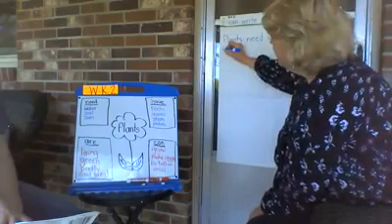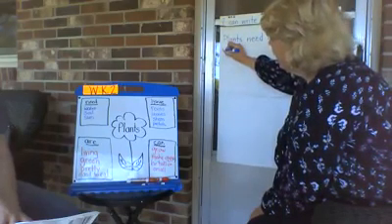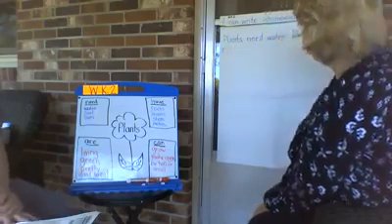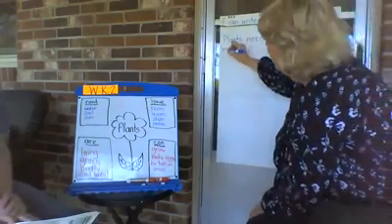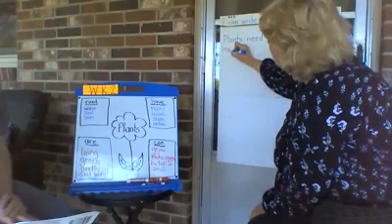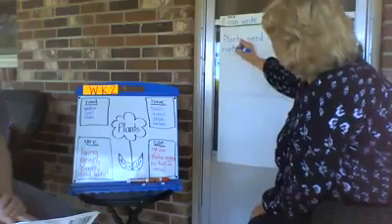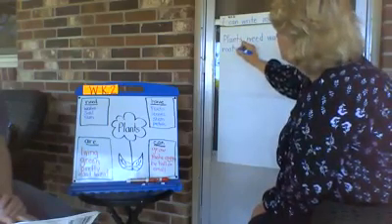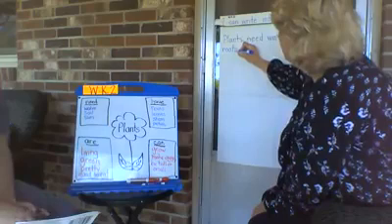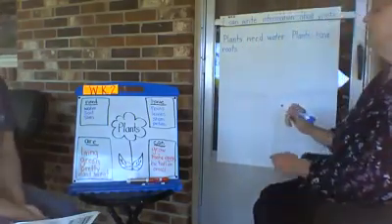So I'll go to the beginning of the line and start with a lowercase because I haven't finished my sentence yet. Plants have roots. And again, I'm making my letters top to bottom. And I have to put my punctuation mark, which is a period.